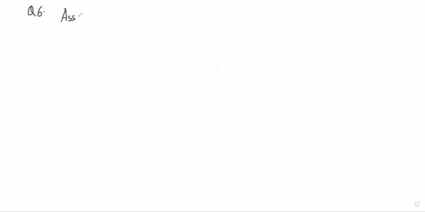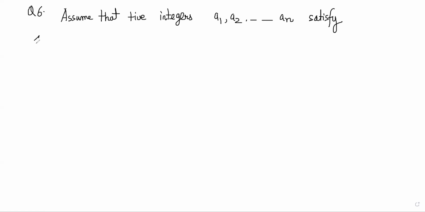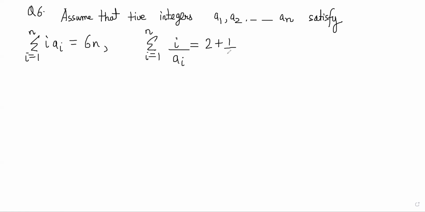Assume that positive integers a1, a2 till an satisfy summation of i from 1 to n, i is equal to 6n, and summation i from 1 to n, i by ai is equal to 2 plus 1 by n. Find the value of n.